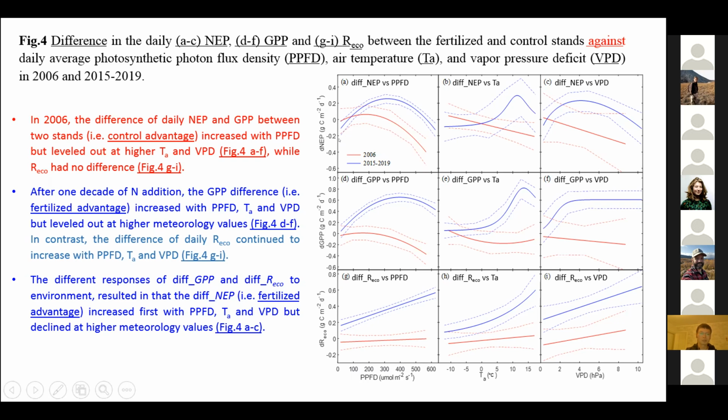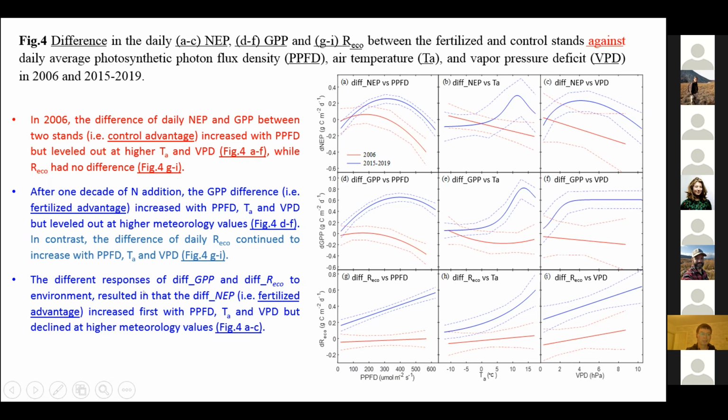And specifically, we found that the GPP difference increased with radiation, air temperature, and VPD, but leveled out at higher meteorological values. However, the respiration difference in 2015 to 19 continued to increase with these environmental factors.